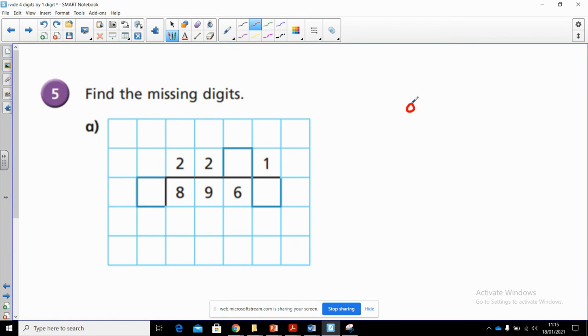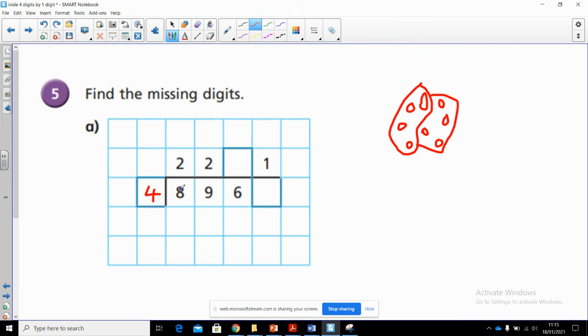So if I've got 8, 1, 2, 3, 4, 5, 6, 7, 8, and I've got to have 2 groups. I've got to split it exactly into 2 groups. There's 4 in that one, and there's 4 in that one. So I'm going to be dividing by 4, and I can double check that.